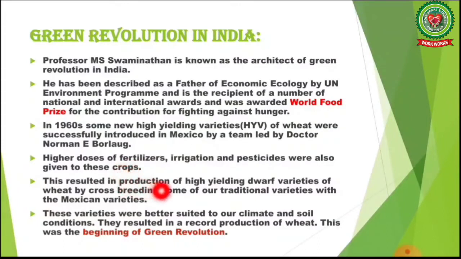This resulted in production of high-yielding dwarf varieties of wheat by crossbreeding some of our traditional varieties with the Mexican varieties. These varieties were better suited to our climate and soil conditions. They resulted in a record production of wheat. This was the beginning of Green Revolution in India.